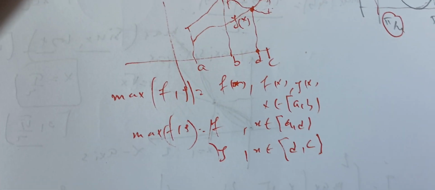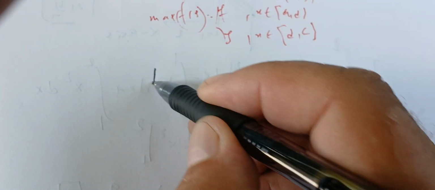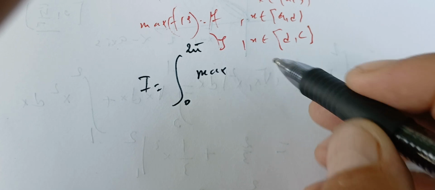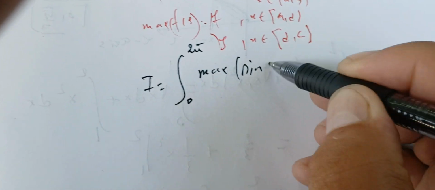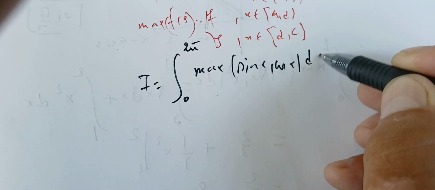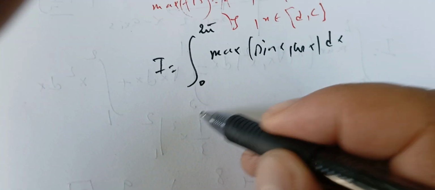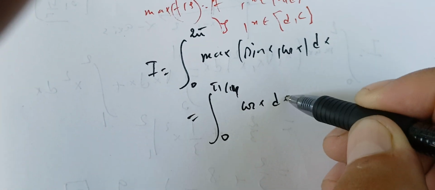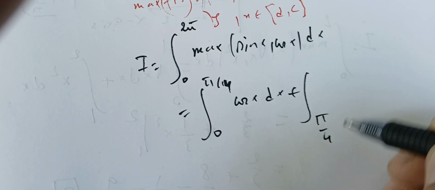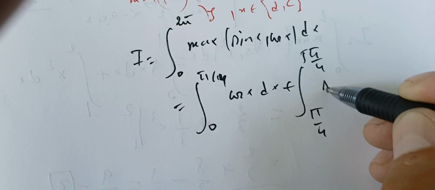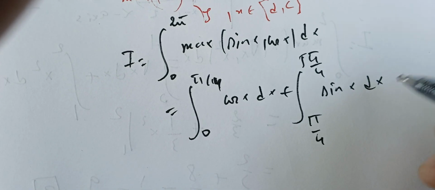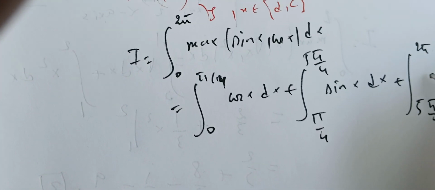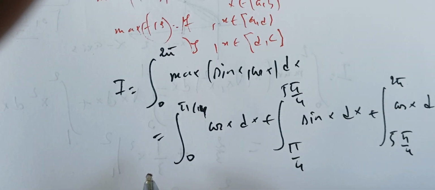Therefore I can transform this integral in the following manner. I is the integral from 0 to 2 pi of the maximum of sine of x, cosine of x dx. Between 0 and pi over 4, the maximum is the cosine. Between pi over 4 and 5 pi over 4, the maximum is the sine. And between 5 pi over 4 and 2 pi, the maximum is the cosine.